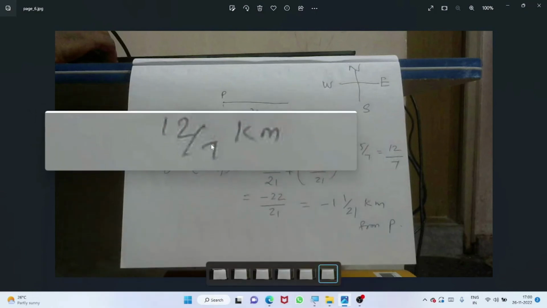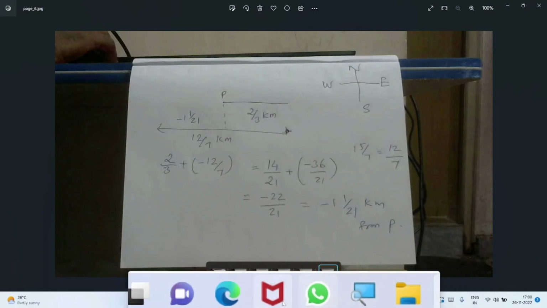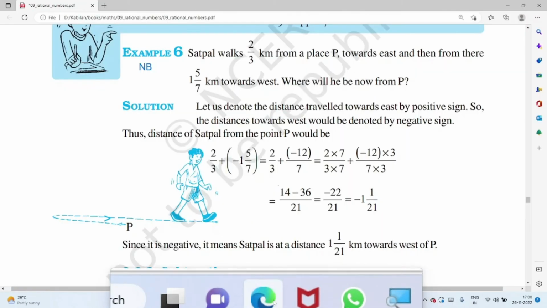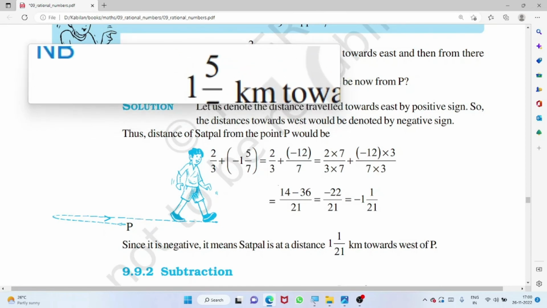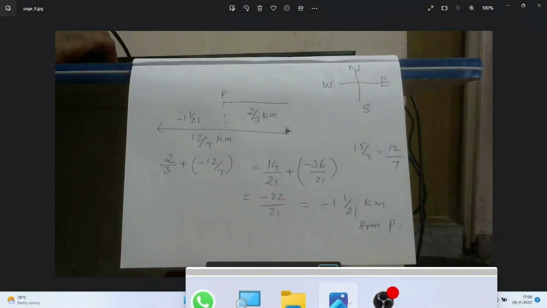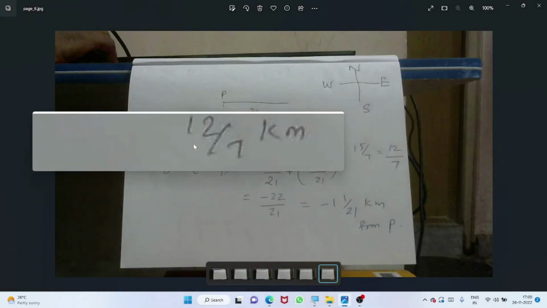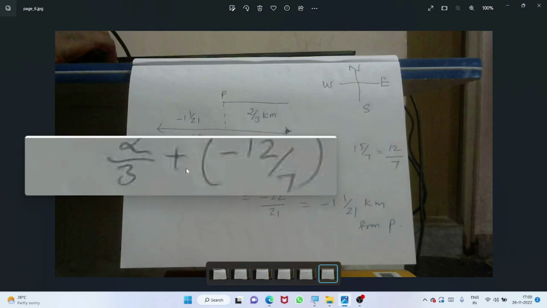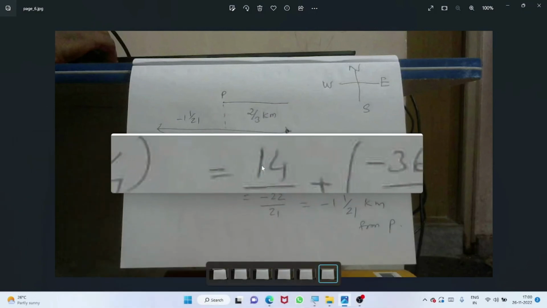They have given a mixed fraction, 1 5 by 7, which I converted: 7 plus 5, 12 by 7. Now this is walking backwards, so you have to put a negative sign and add. Then we find the LCM as 21.